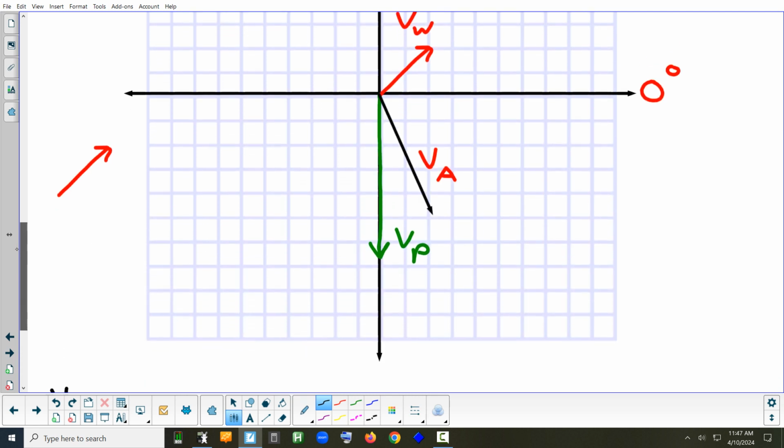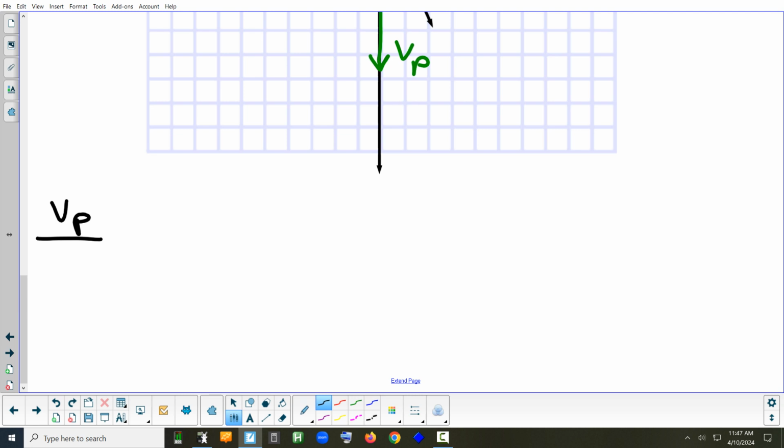What's the magnitude of the plane? 500. What's the angle of the plane? 270. Okay, so that's your horizontal component of the plane. Now think about it. The plane is going south, so what should the horizontal component be? It should be 0, so that part shouldn't even matter. What's going to be the formula for my vertical component?